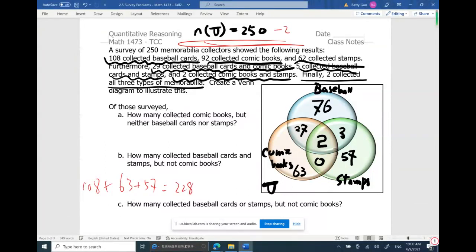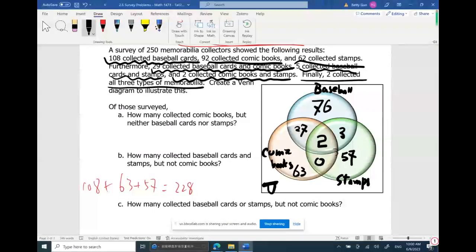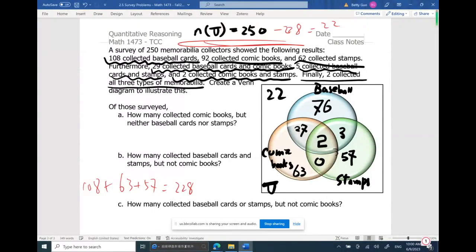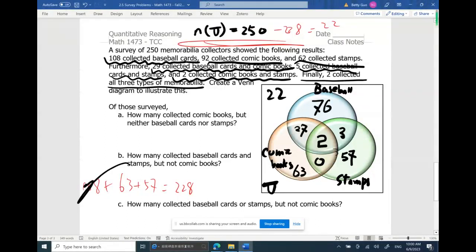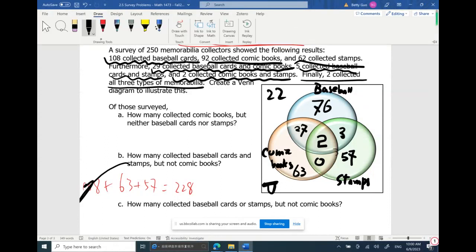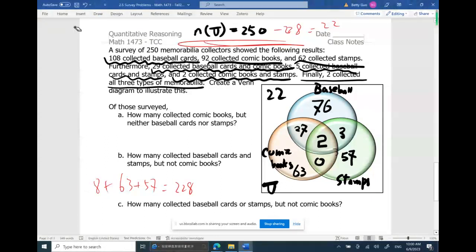We subtract 228 from 250, and we have 22. So we have 22 elements in the box, but not in any of the three circles. Because the total number of elements in the box is supposed to give us 250.